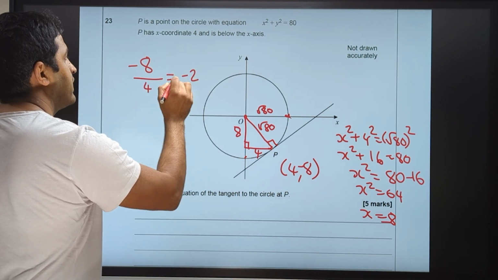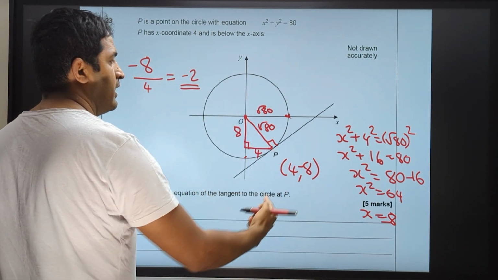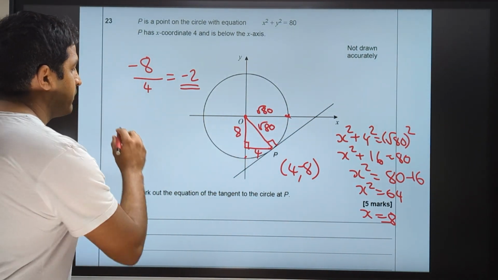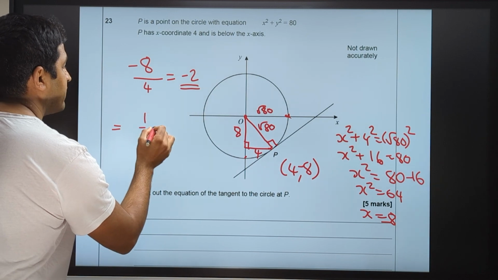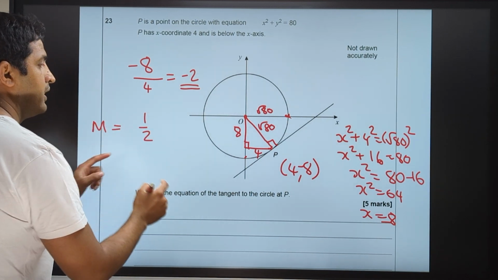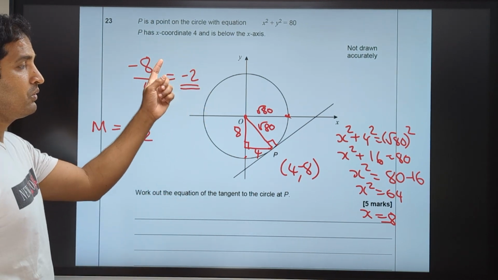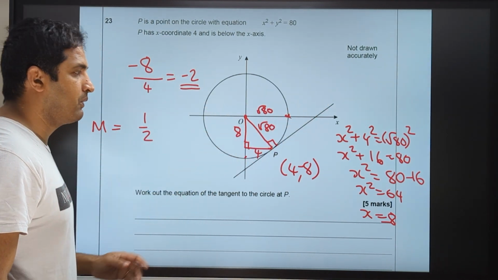So we get a gradient of negative 2 for that one. That means the gradient of the tangent, which is perpendicular to that, is going to be minus 1 over negative 2. That gives you a gradient of half.